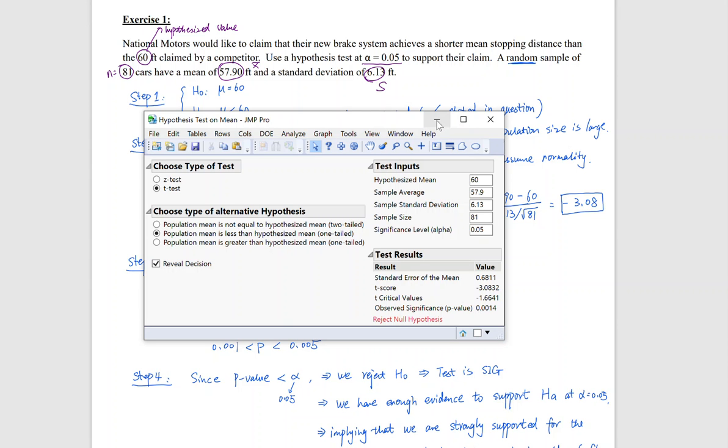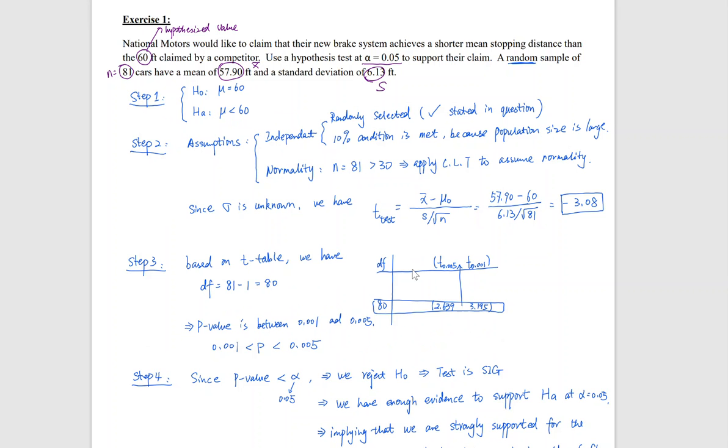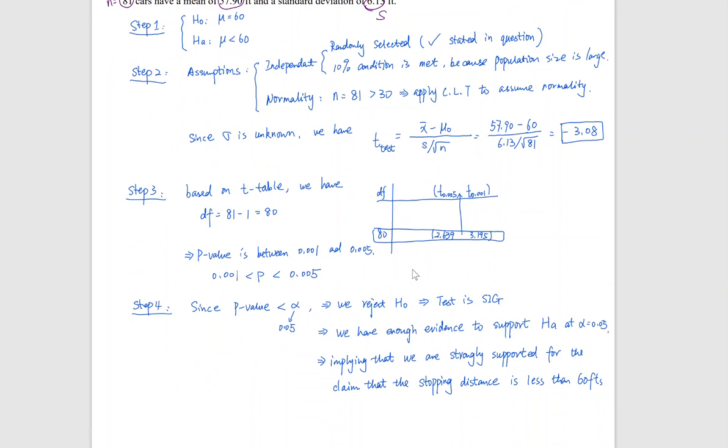You may need to use it in your MyStatLab homework questions, since some of them ask for the exact p-value. But again, in our exam, you will not be able to use JMP, so you still need to use the t-table to find this range, and based on this range you can make the conclusion. I just made this video to make up the part that I forgot.